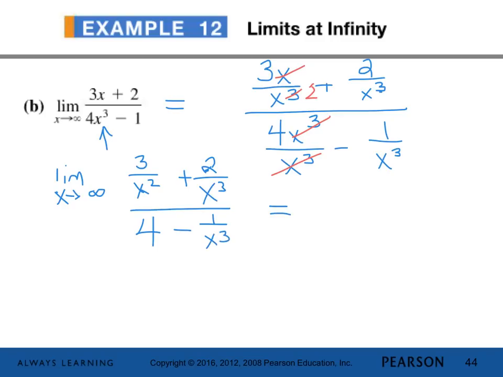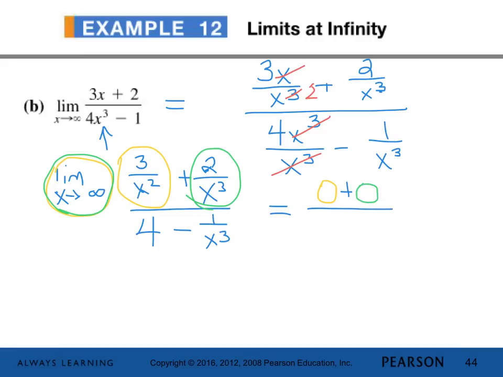We're going to take the limit as x approaches infinity of this quantity, and since x is approaching infinity, that limit is 0. Then the limit of this quantity is also 0, and we add them together. And so the numerator is going to turn out to be 0.